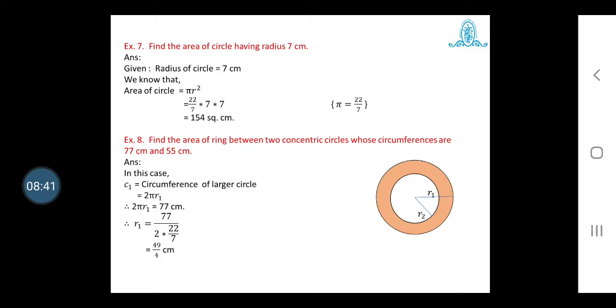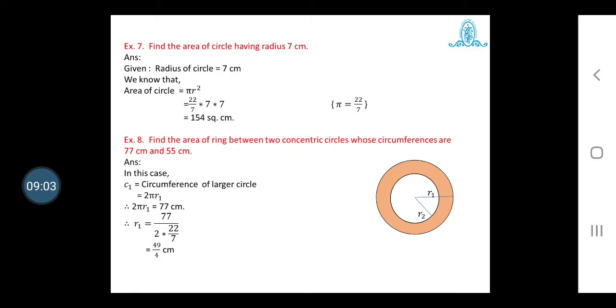We have discussed already the area of middle path in the previous example. In the same way, we have to find here area of this middle part of these two concentric circles. So, how we get area of this middle part? Correct. Area of outer circle minus area of inner circle.